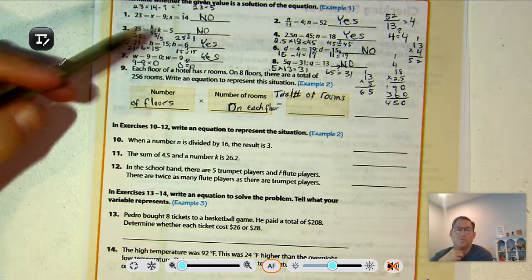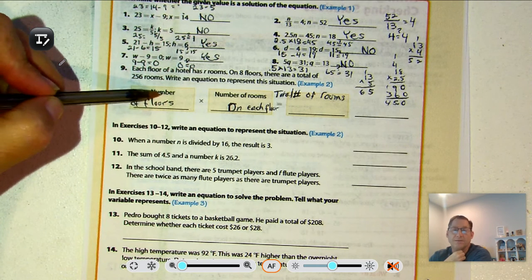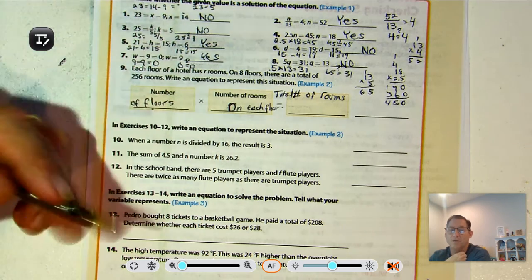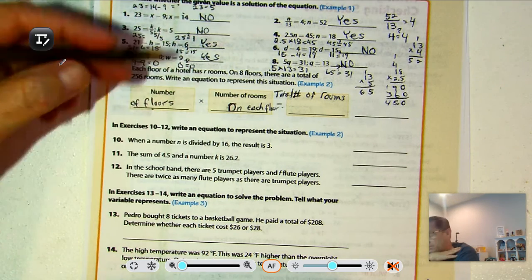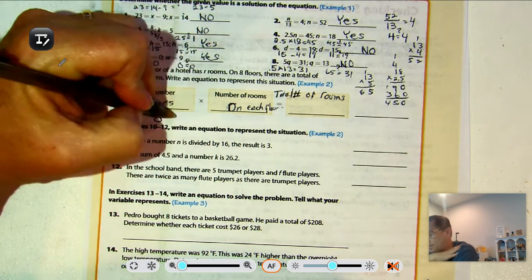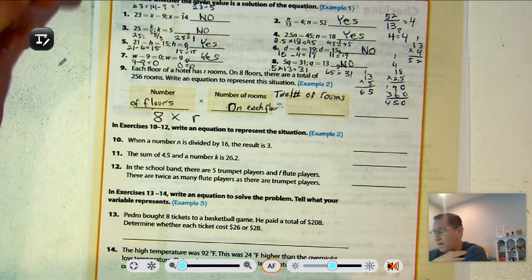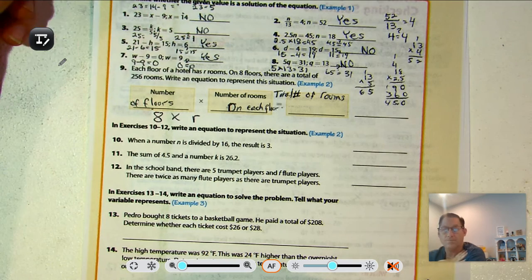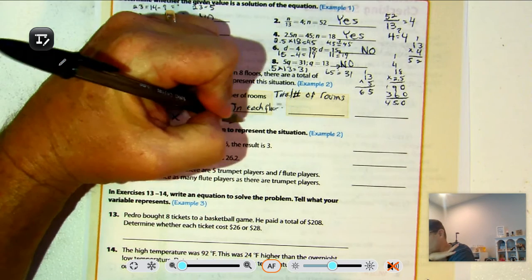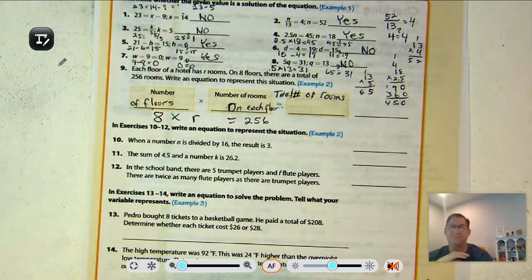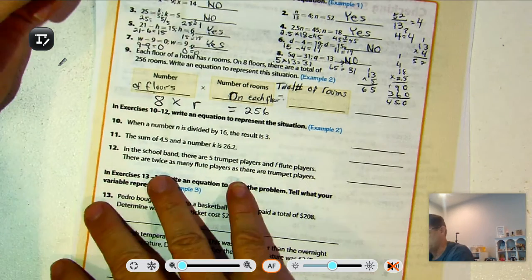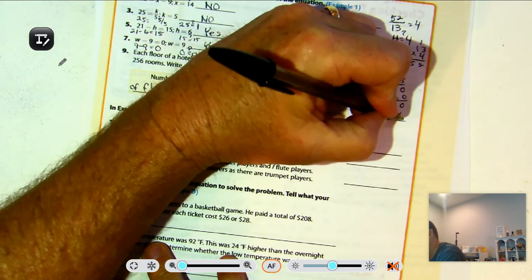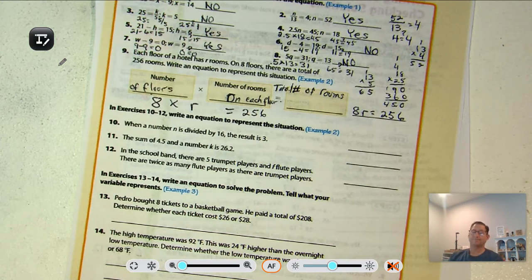So they want us to figure out the number of floors times the number of rooms on each floor, and that gives us the total number of rooms. So how many floors? We have 8. We don't know how many rooms are on each floor, but we do have the total of 256. So our equation is 8 times r equals 256.